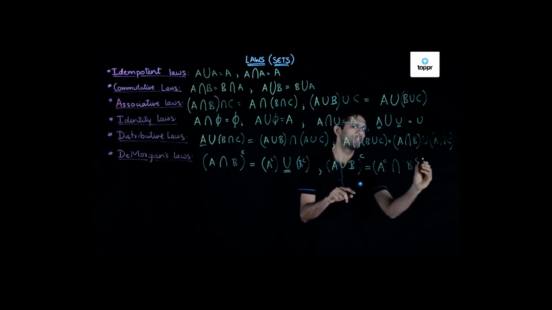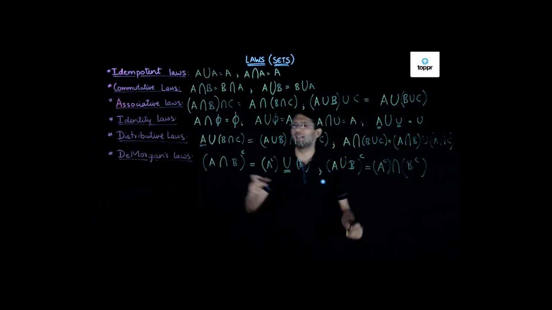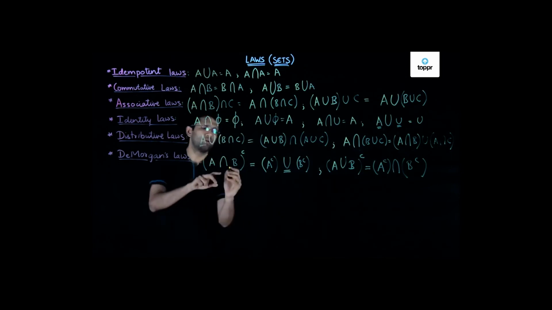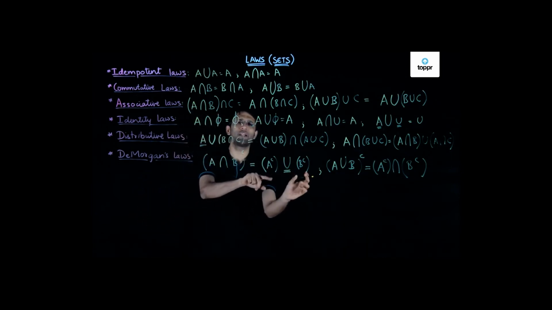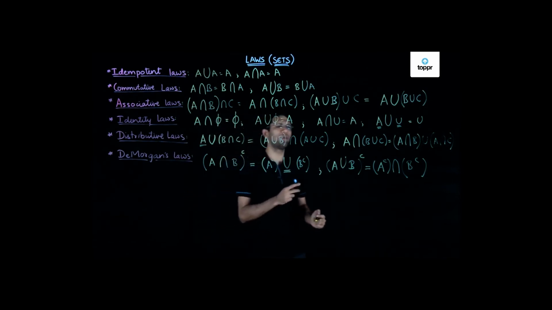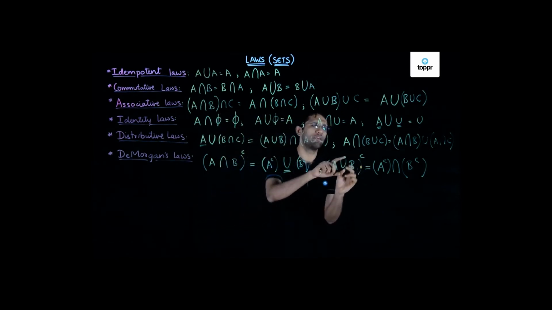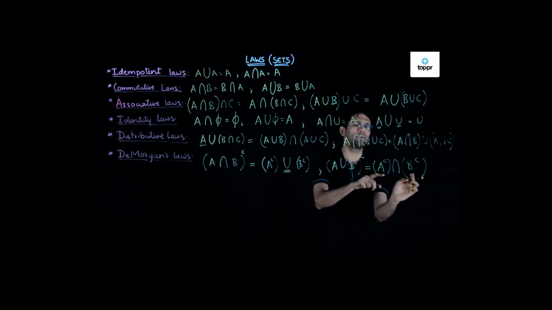So now if you notice these laws, you will realize that in De Morgan's laws, whenever we have a complement of an intersection, then we get union of its respective complements, and likewise when we perform complement of union, then we get intersection of the respective complements.